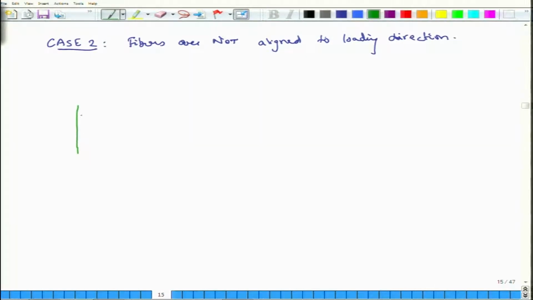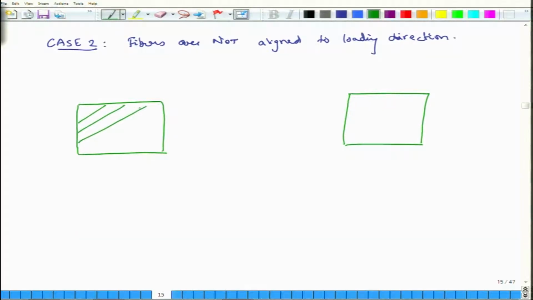These are two cases, and fibers are in this case running like this. So, the angle is, let us say, positive theta, and in the second case also fibers are running in the same direction.